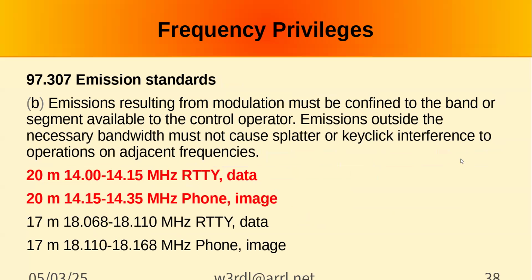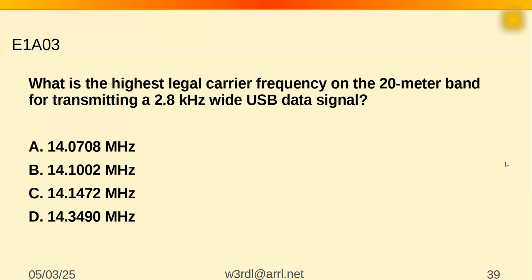On 20 meters, 14 to 14.15 is allocated to RTTY and data, and the next one up, 14.15 to 14.35, is for phone and image. So what's the highest legal carrier frequency on the 20-meter band for transmitting a 2.8 kilohertz wide USB data signal?